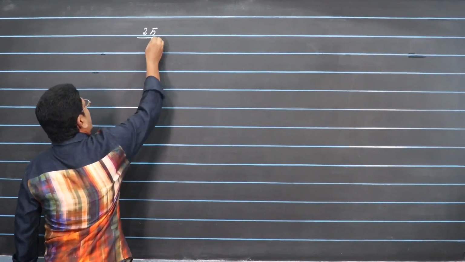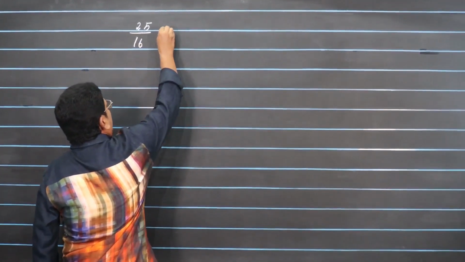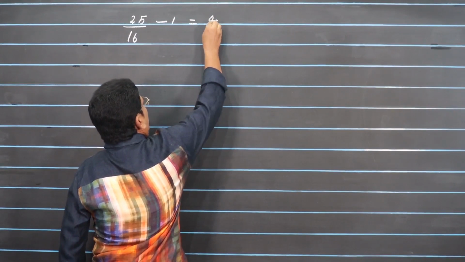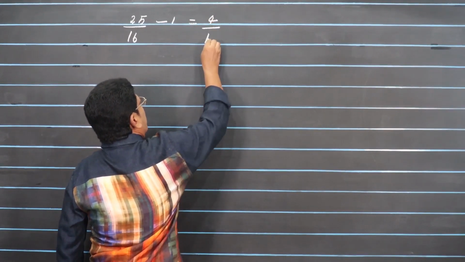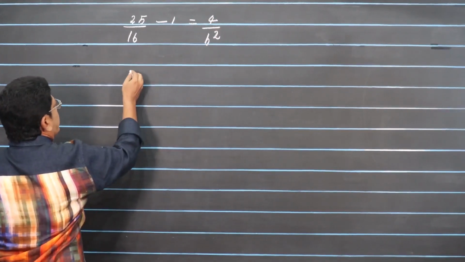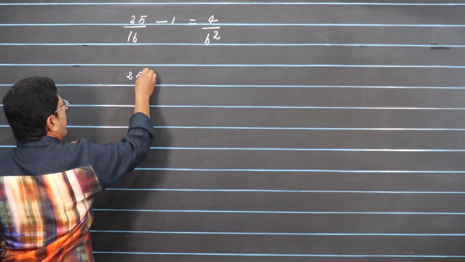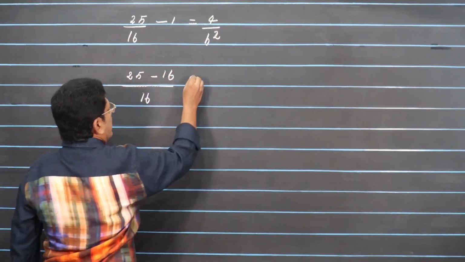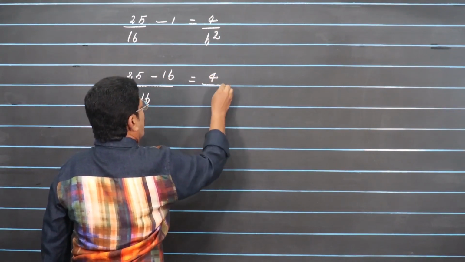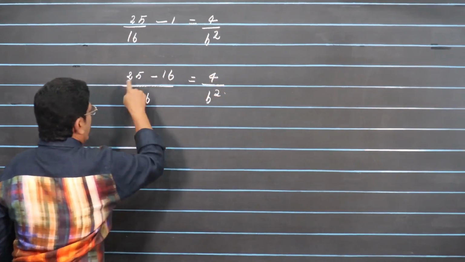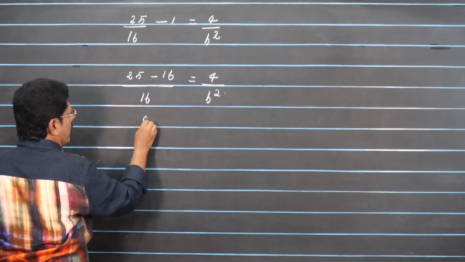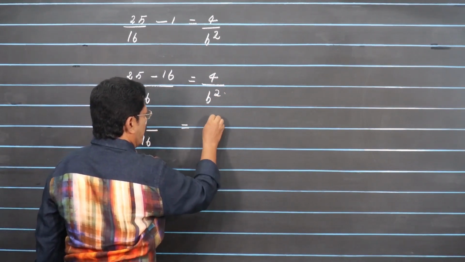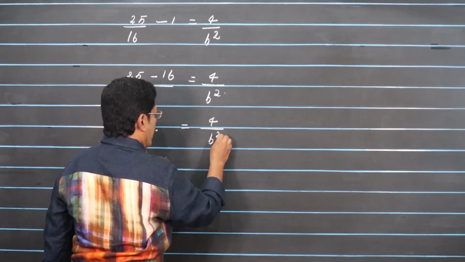Now, taking LCM, that will give you (25 minus 16) by 16 is equal to 4 by b squared. 25 minus 16 will give you 9 by 16 is equal to 4 by b squared.